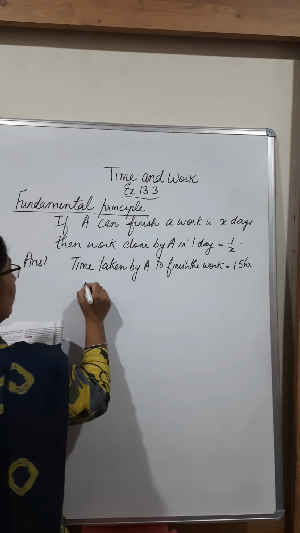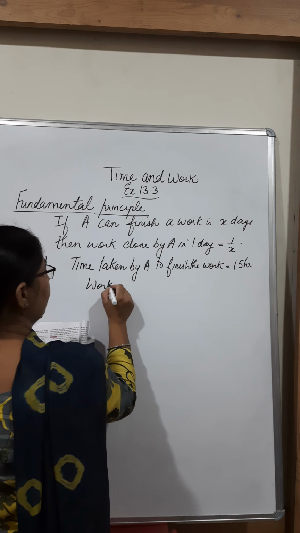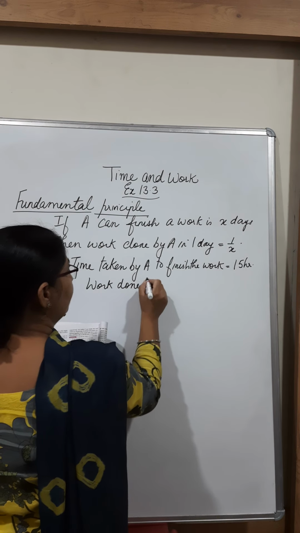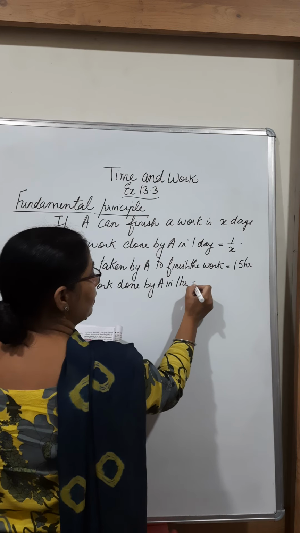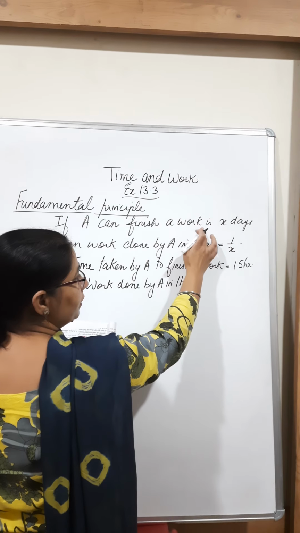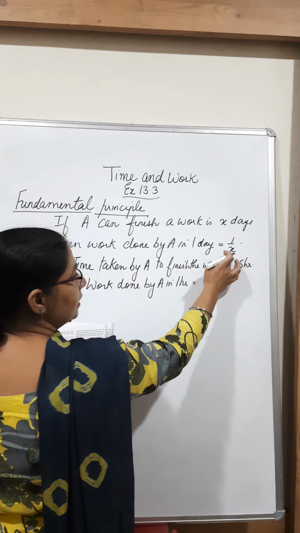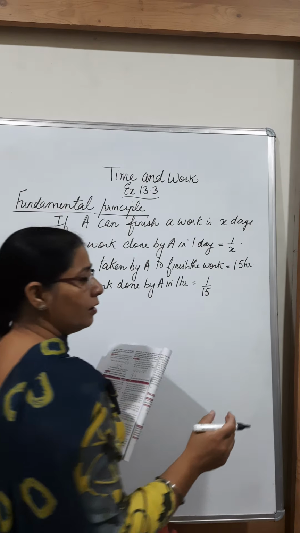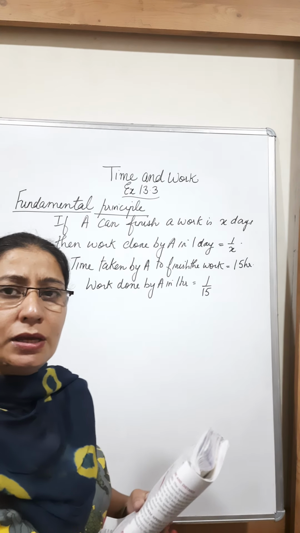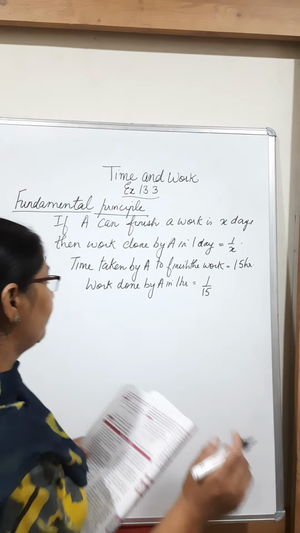So therefore, work done by A in 1 hour. As I told you, if it is completing the work in x days, it will be 1 by x. So here it will be 1 by 15. 1 by 15th of the work is done by A in 1 hour.